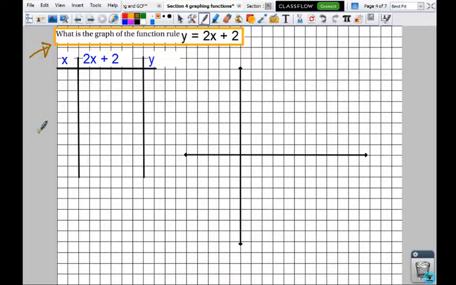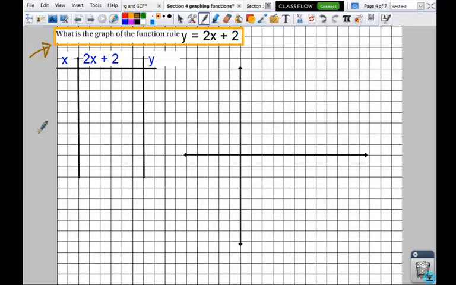Okay. So we're going to plug in -1 for this x right here first. So when we plug this in, grab a pencil here. We got 2, and what's in between the 2 and the x? A multiplication sign.